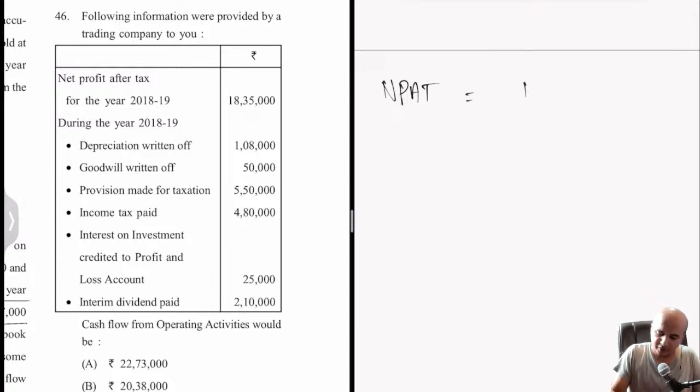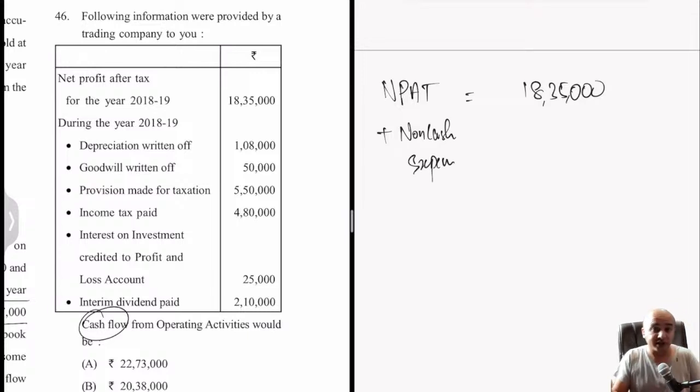Because it is all about cash flow, we don't have to worry about the non-cash expenses. So net profit after tax plus non-cash expenses, where cash is not going out at all, minus the net working capital changes, or changes in working capital, both one and the same.